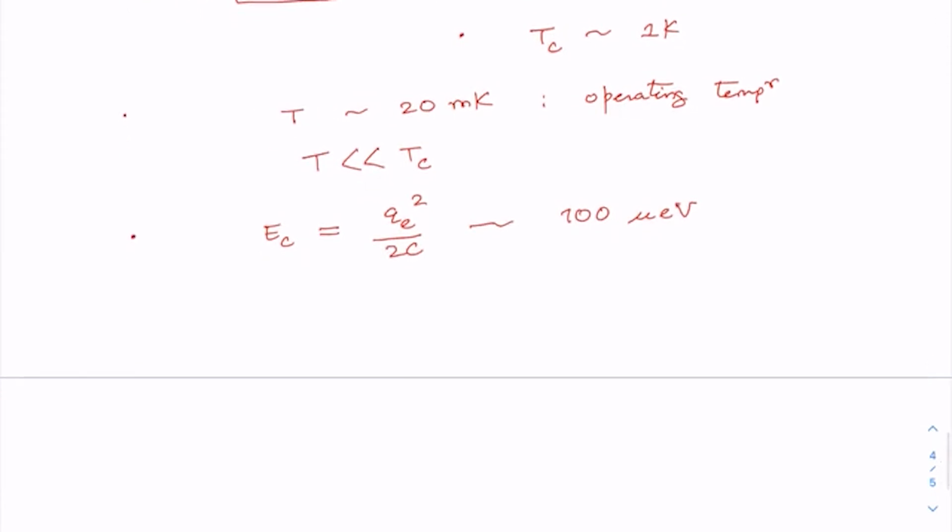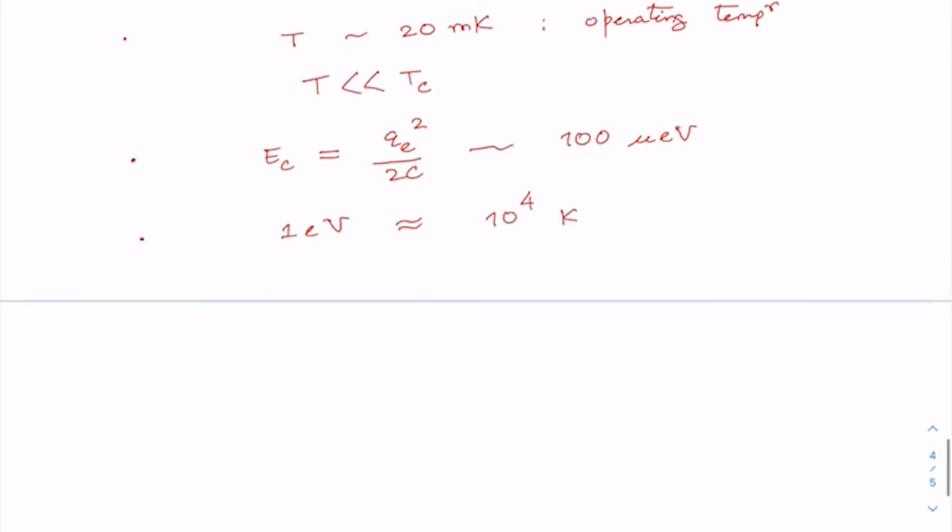If we convert it to temperature, because 1 electron volt is equivalent to around 10 to the power 4 Kelvin, EC in temperature would be equivalent to around 1 Kelvin.